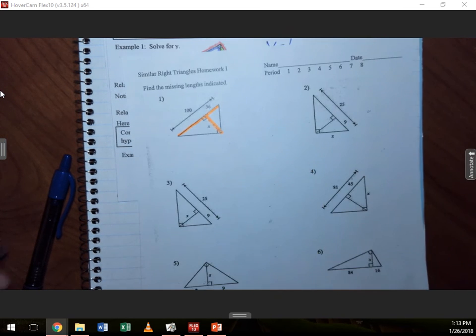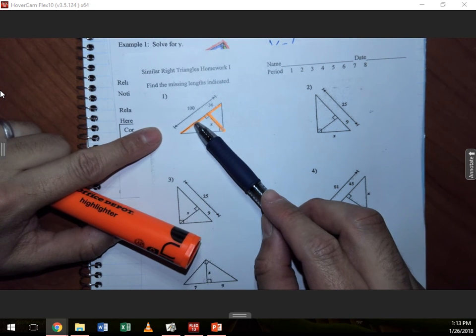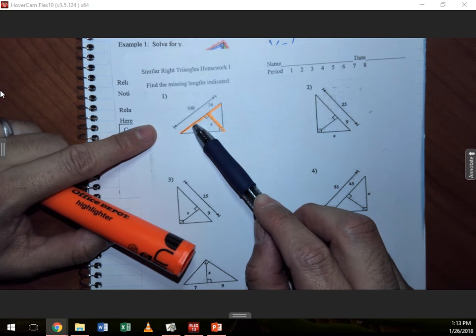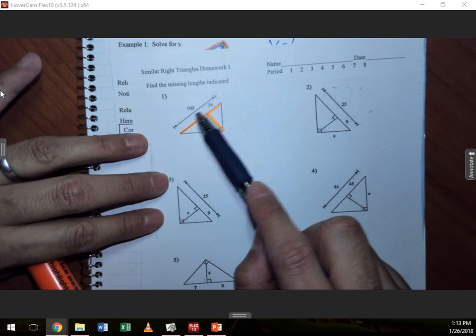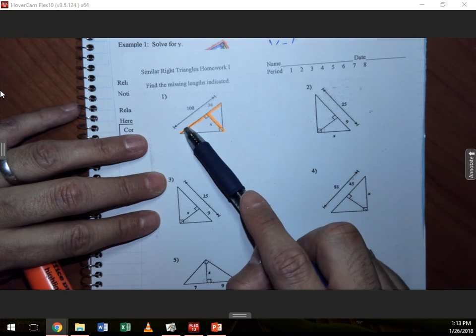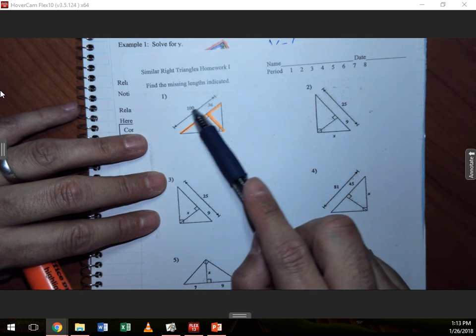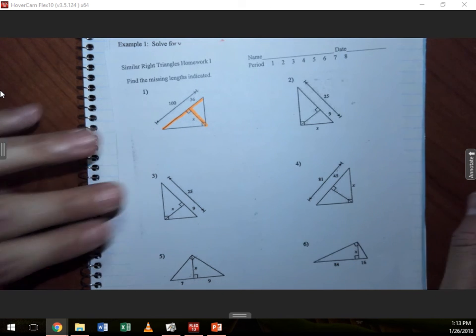Do I know what this piece right here is? What's this one going to be? 64, right? Or if this is where my variable was, it would be 100 minus 36, right? So 100 minus that. So I could do it.